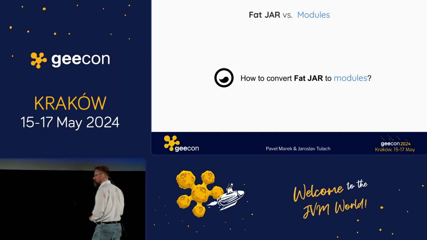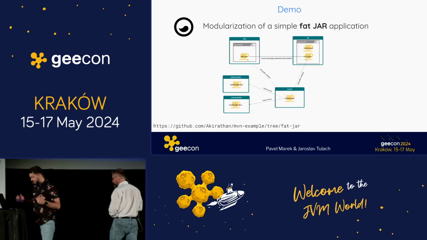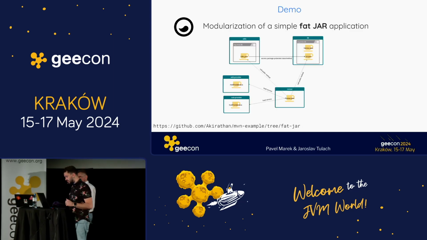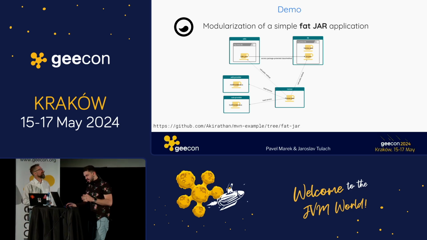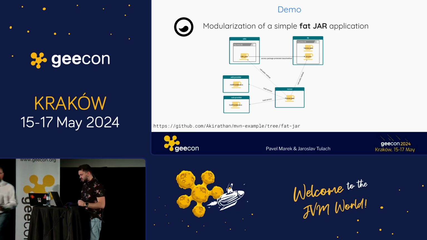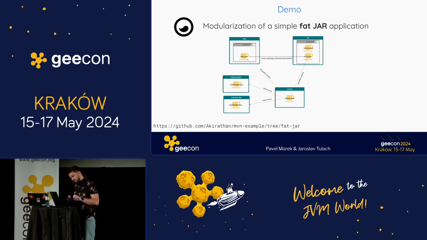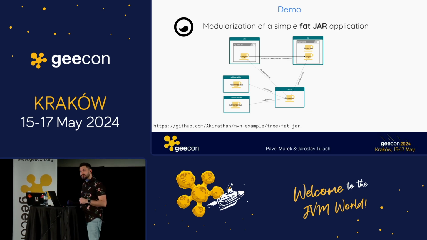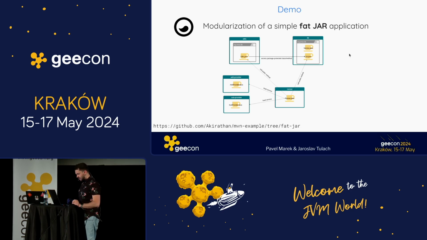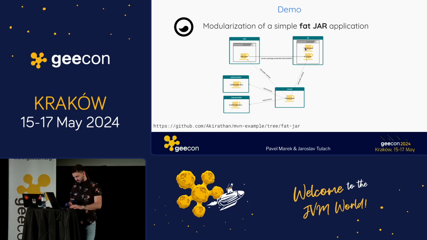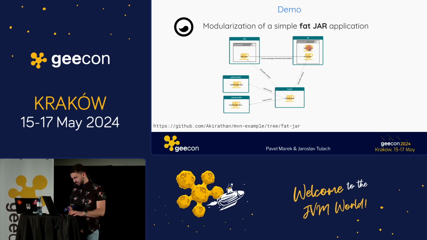Okay, let's see some code, because without code we cannot really see how that works. This is the minimal example of an application, so that we can see some of the problems when you are trying to convert the fat jar to modules. Let's have 5 modules. In lib, there is a service interface.